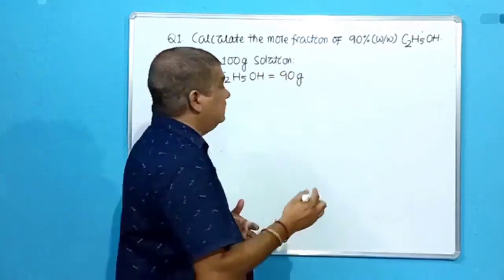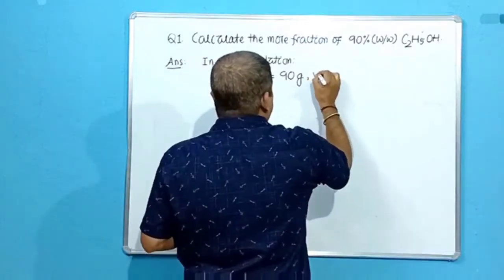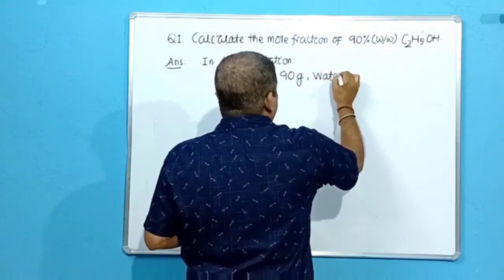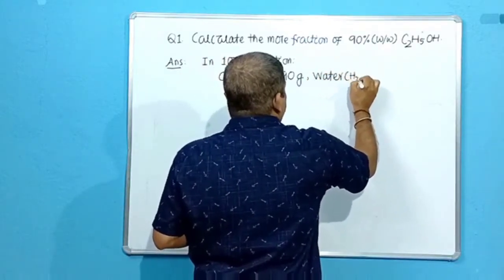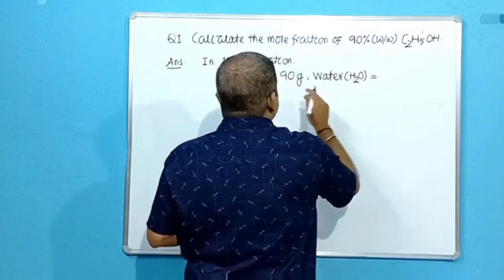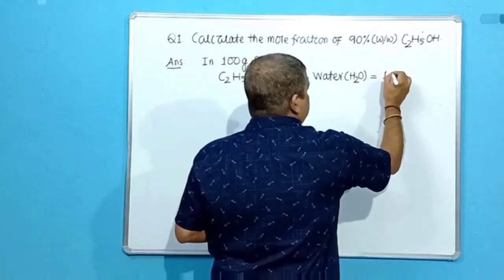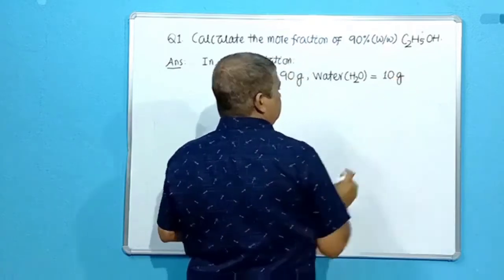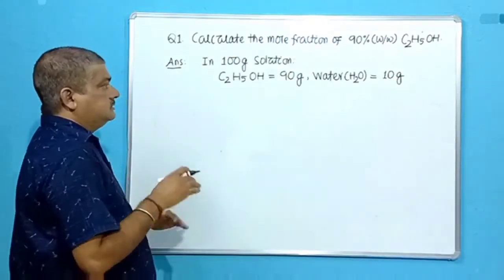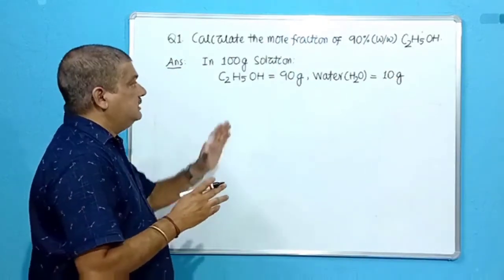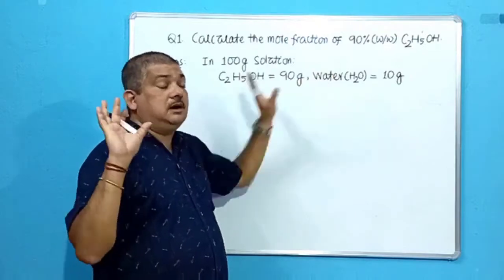And what is the remaining one? Water, because ethyl alcohol is added to water, that is H2O, will be the remaining. That means 100 minus 90, that is 10 gram. So you have to start like this. Because nothing is given, percentage means you have to take from 100.